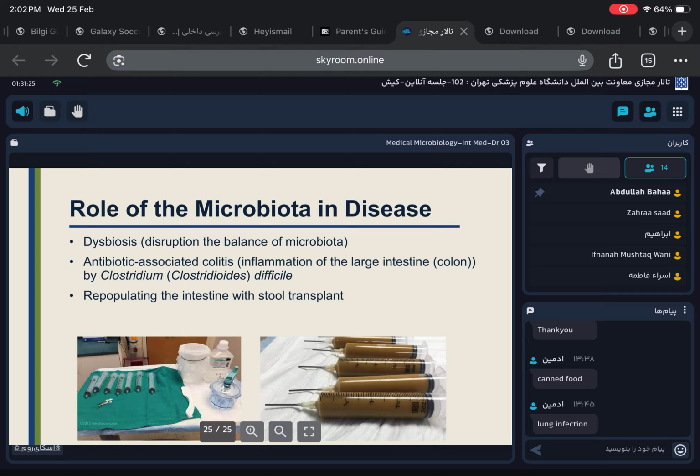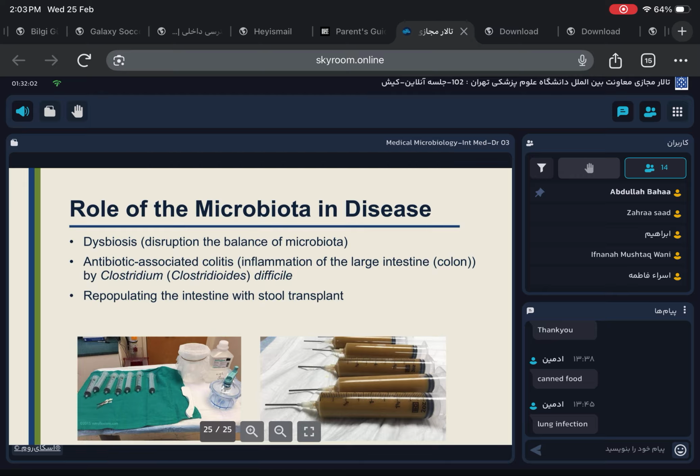Sometimes there are special capsules. You can fill them with the stool, and you can ask your patient to ingest them. If your patient is not comfortable with that procedure, you can try injecting through the anus. And if your patient, again, is not comfortable with either of these strategies, you can just grow the microorganisms that we already know, which types of microorganisms we have in the intestine.